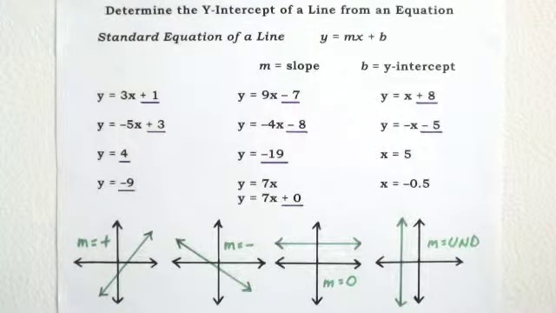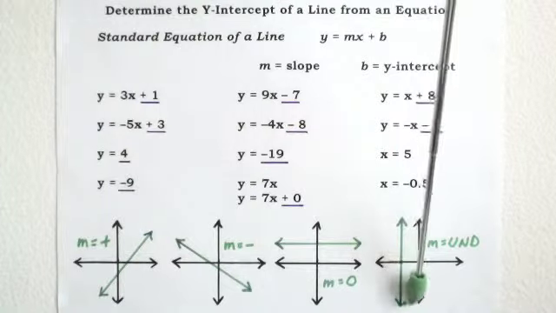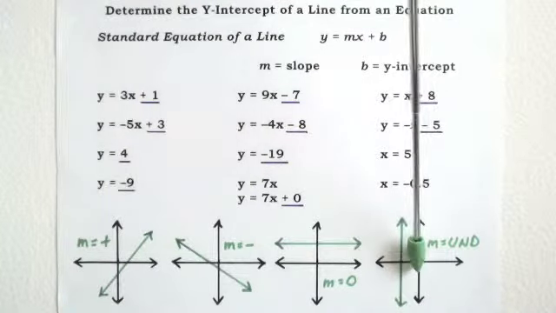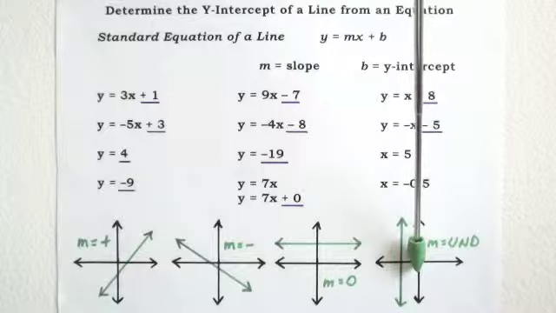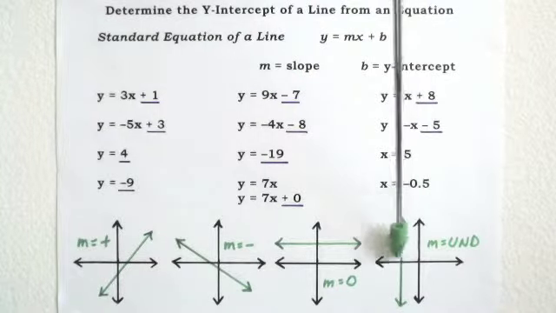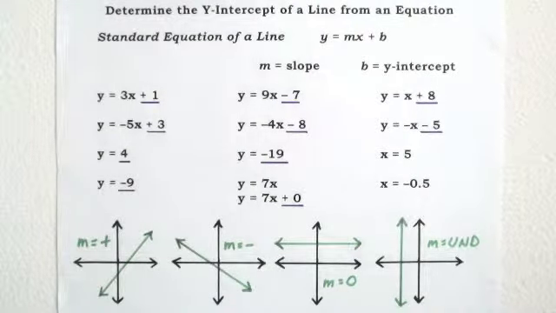Vertical lines do not cross the y-axis unless they lie on the y-axis. And that's not crossing it, that's just lying on it. And the equation of that line would be x equals 0, or just the y-axis. Vertical lines do not have a y-intercept.